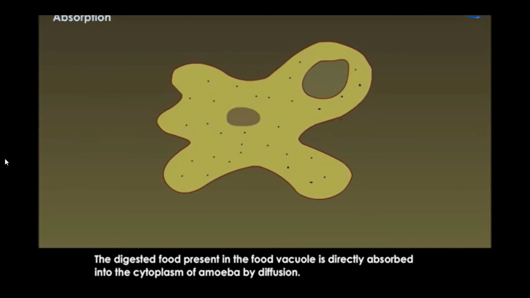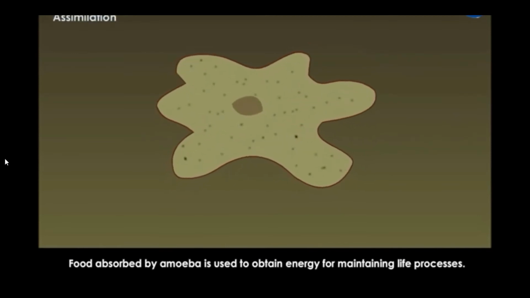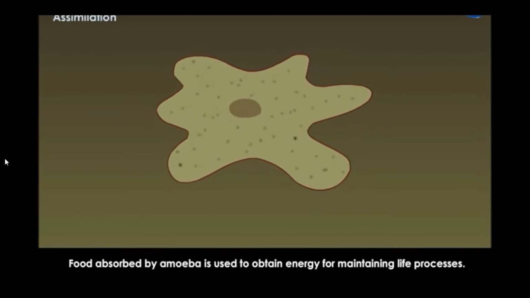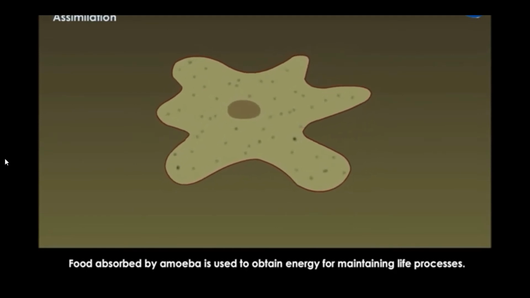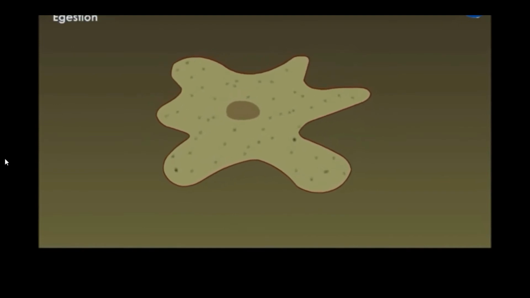The digested food present in the food vacuole is directly absorbed into the cytoplasm of the amoeba by a process called diffusion. Next is assimilation. Food absorbed by amoeba is used to obtain energy for maintaining life processes, just like human beings.